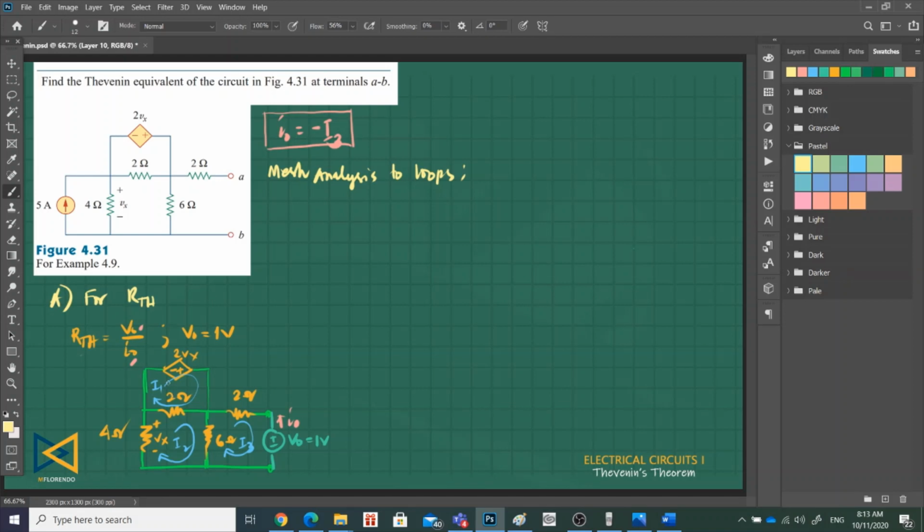Let's say, dito muna tayo, loop 1. So, this is negative 2 V sub X, tapos plus 2. Ano yung current na dadaan kay 2? I1 minus I2.